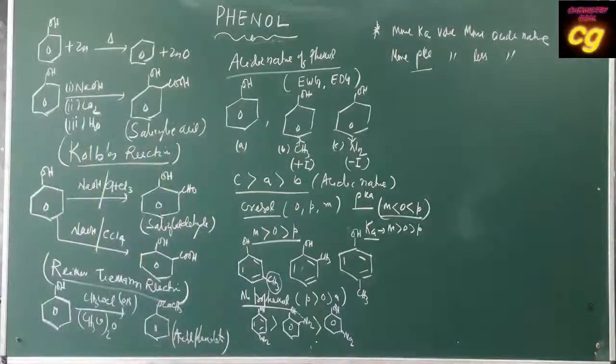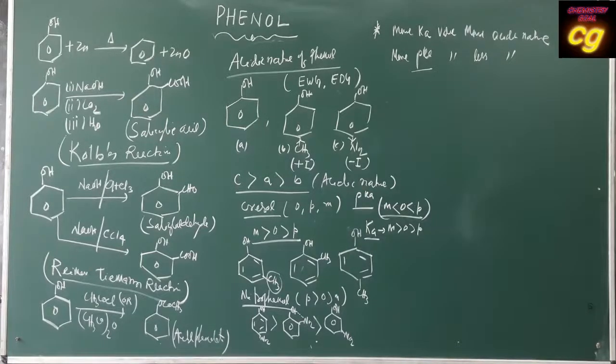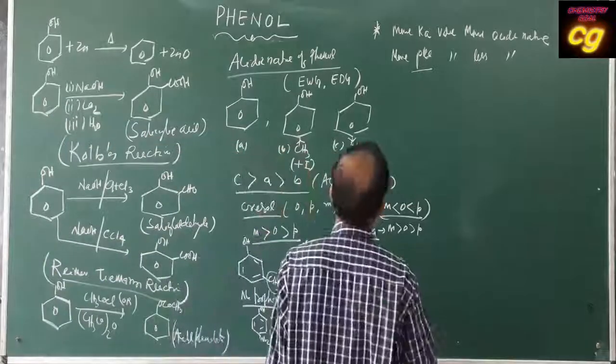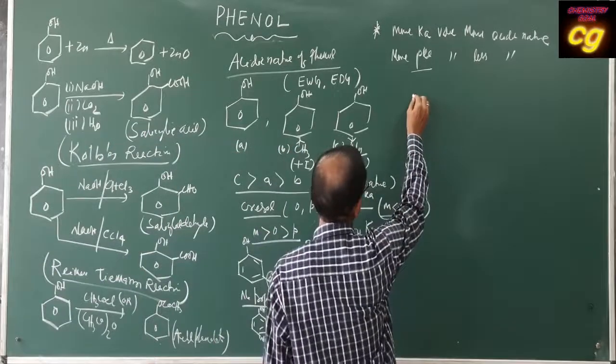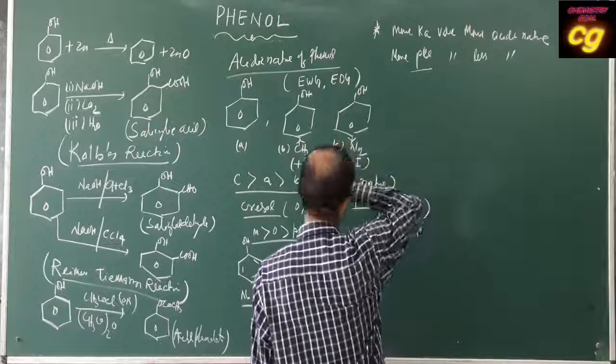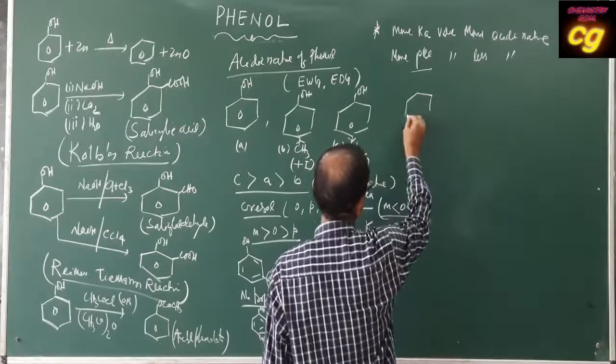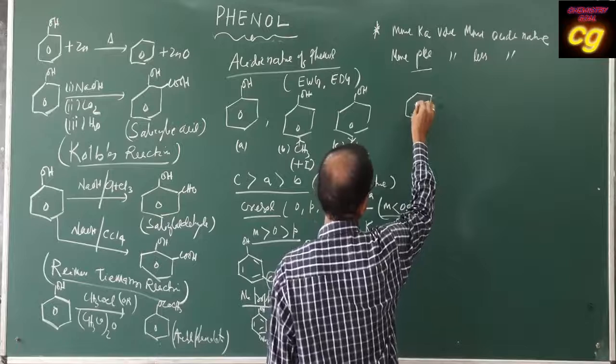So this is regarding the acidic nature of phenol. Now, suppose you discuss the derivative nature, the boiling point character and volatile nature.